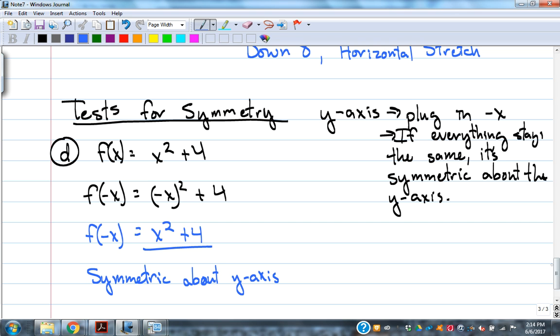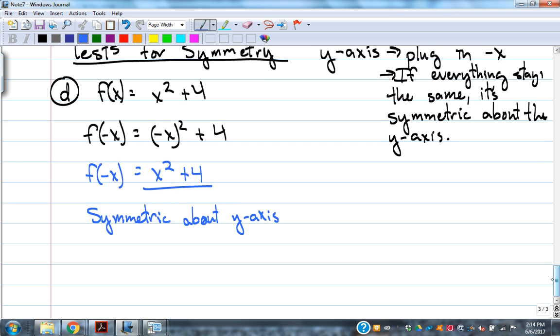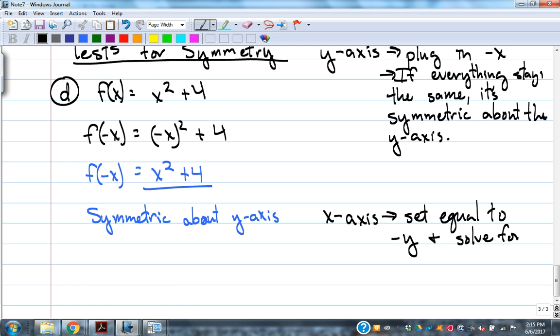Let's look at x-axis symmetry. Set y equal to negative y and solve for y.